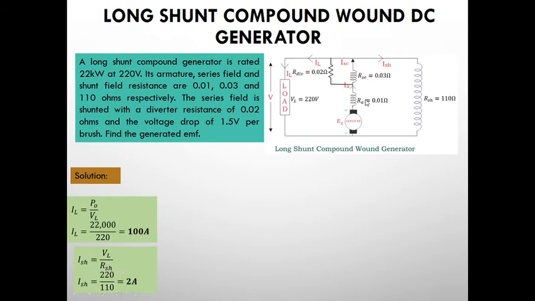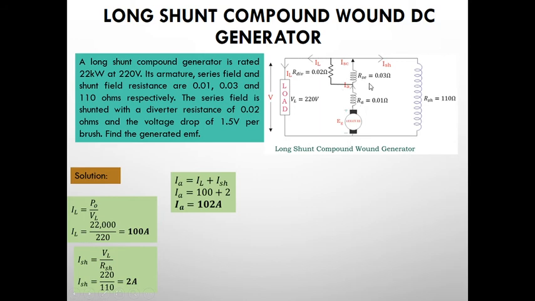Since VL is equal to VSH, and RSH is given, 220 divided by 110 is equal to 2 amperes. Since we have IL and ISH, we can have the value of IA. IA is equal to the sum of IL and ISH, so 100 plus 2, 102 amperes. That is your armature current.